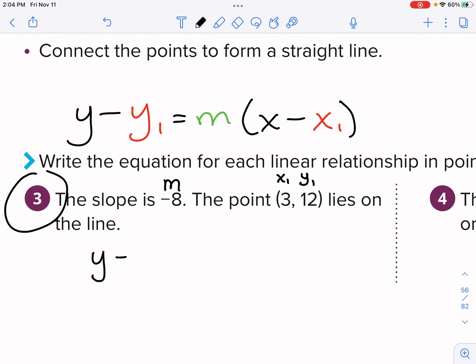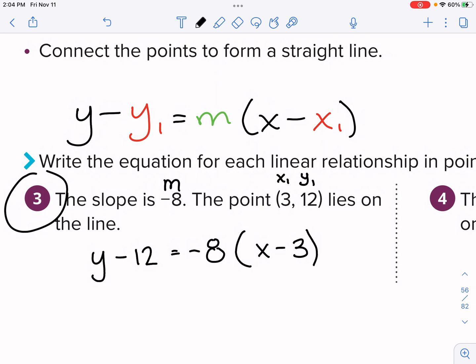It's always x and y, and we're putting 1s here because it's the first point. Anyways, so y1, that's 12. Equal to m, right? m is -8. And then parentheses, x minus x1. x1 is, right, look at the ordered pair, it's 3.